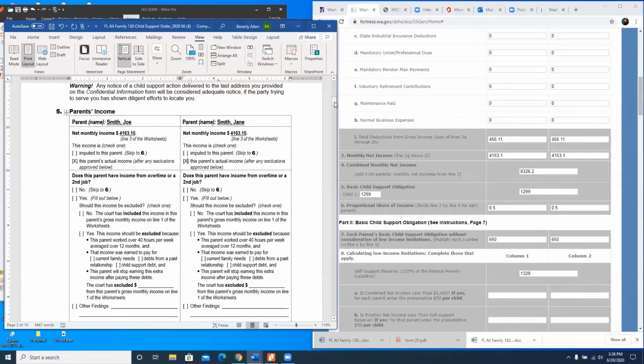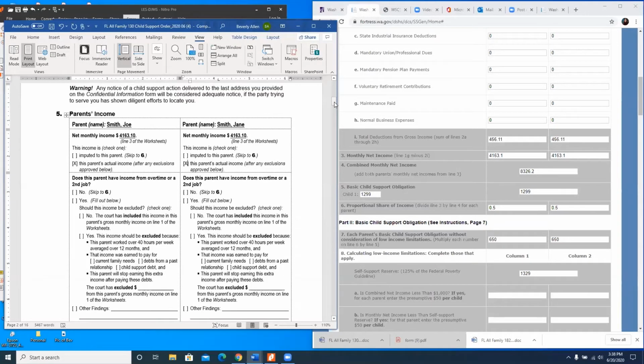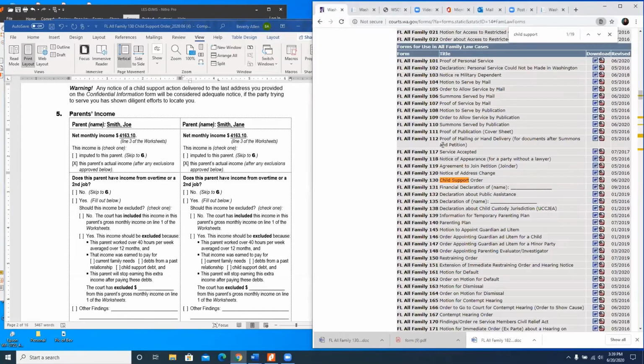If it's someone who has recently graduated high school, has recently been incarcerated, or has never really held a full-time job, it might be appropriate to impute that person at minimum wage. Otherwise, what you could look at also is the median income tables.